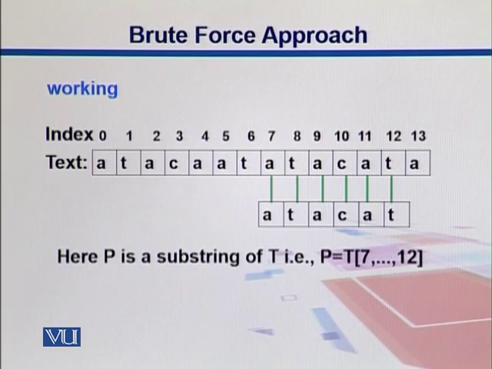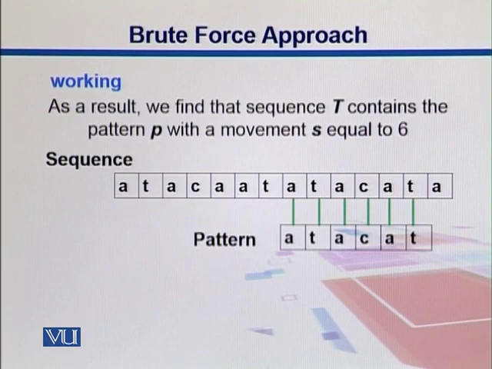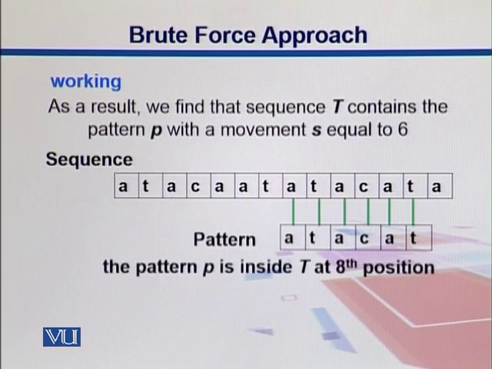So p is a substring of t, present between 7 and 12. As a result, we found that sequence t contains the pattern with 6 moves, so s is equal to 6, and we conclude that the pattern p is inside t at the 8th position.